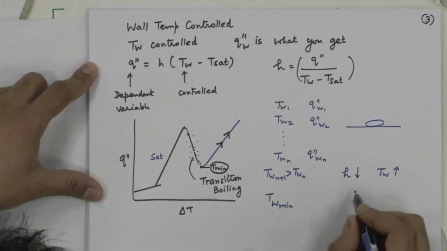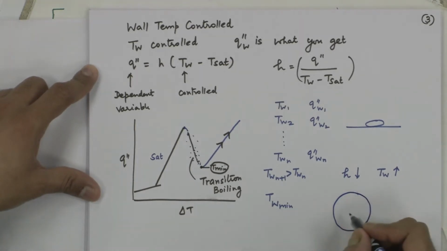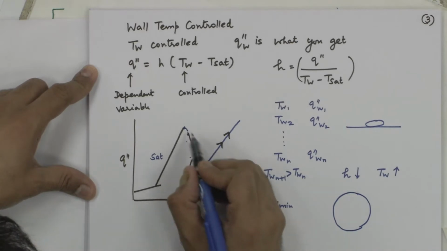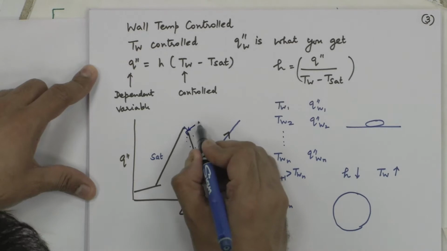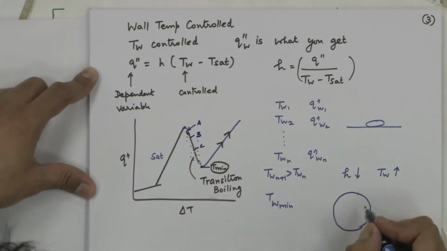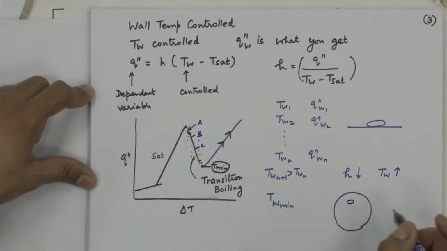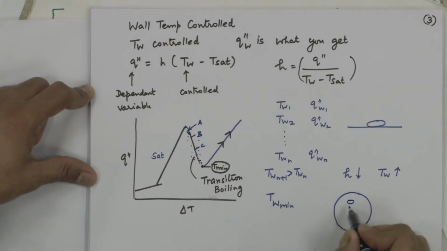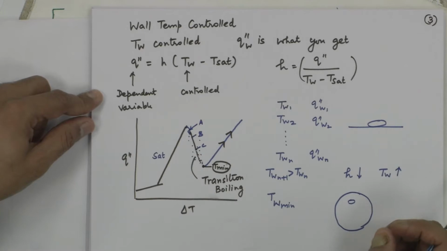By that I mean, if I take the top view of this vessel, at this value of T wall, let us call this A, I will give another example at B and C, and so on. At location A, probably you would see a few dry spots, a condition where you do not have liquid contact at a particular point.